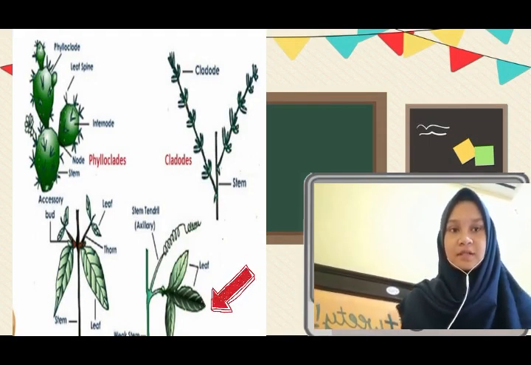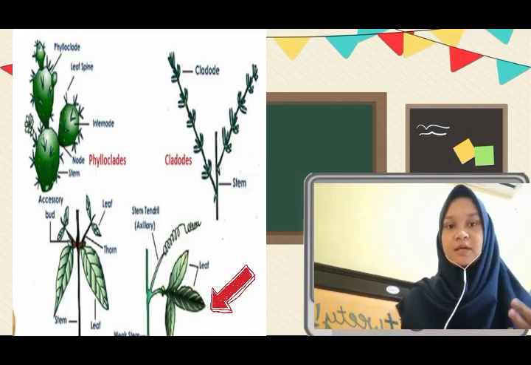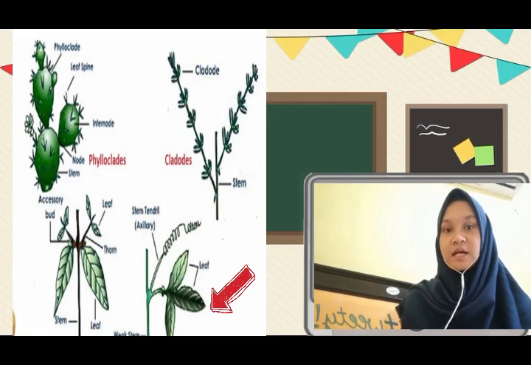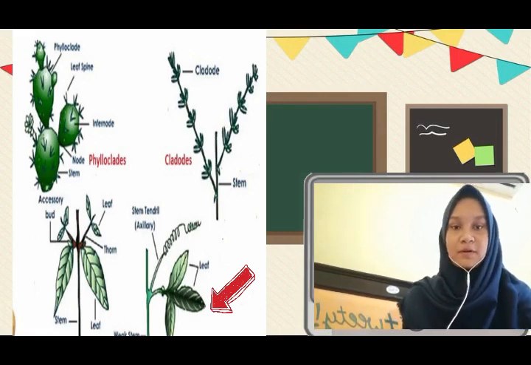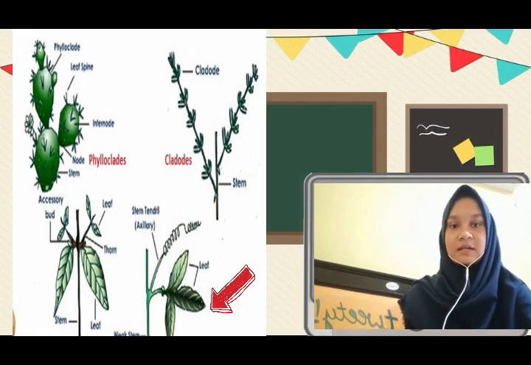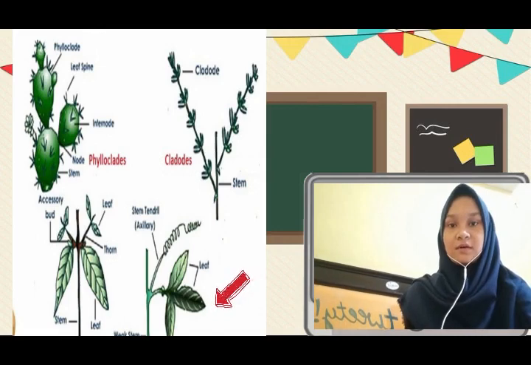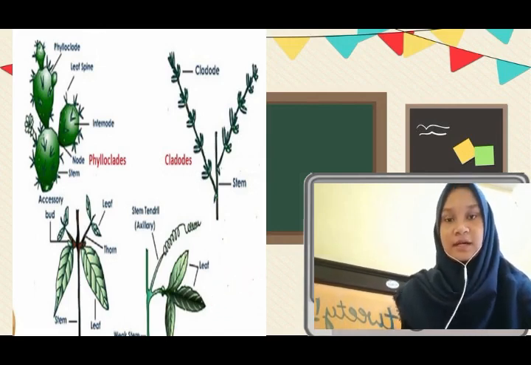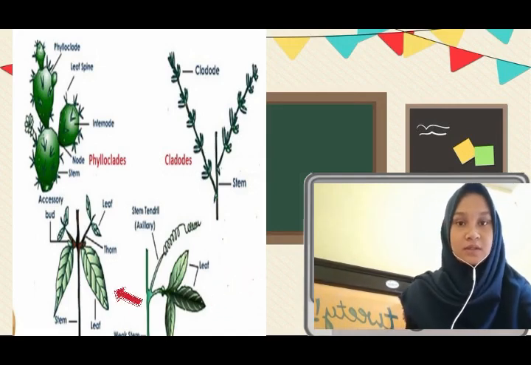Stem tendrils are meant for climbing. Stem tendrils may be axillary, for example Passiflora, extra-axillary, for example Luffa, apical bud, grapevine, or floral bud, Antigonon.